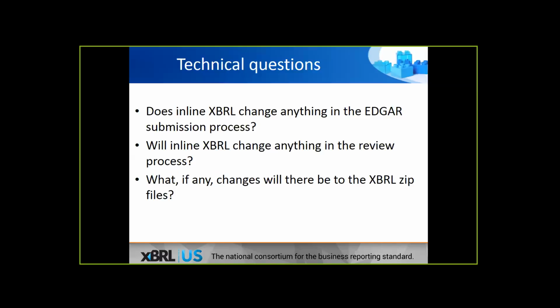That will contain essentially everything stripped of all the HTML wrapping and all of the inline XBRL infrastructure, leaving just a raw, simple XBRL document, just as you are used to seeing. And you'll now see a link to that on the web page.